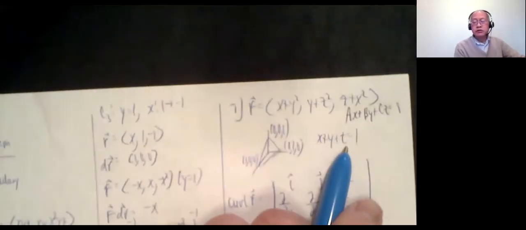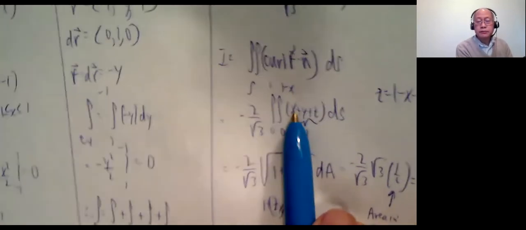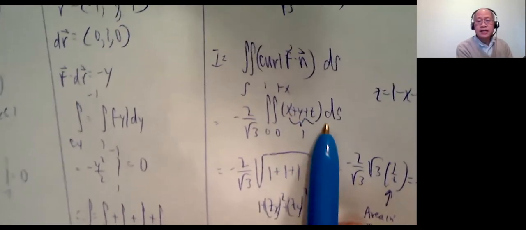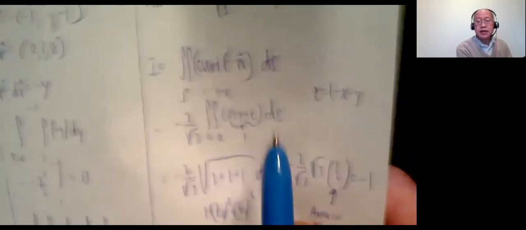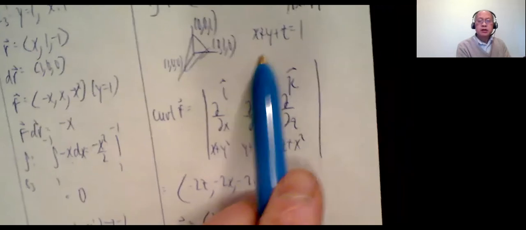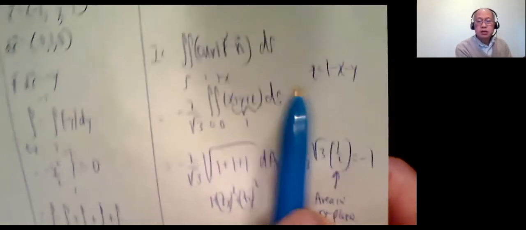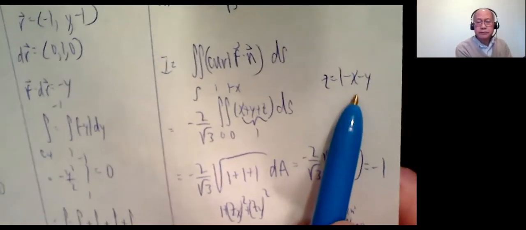But x plus y plus z is 1. So I'm just integrating 1. That's nice. And then dS, I multiply by the Jacobian dA. So x plus y plus z equals 1. Solve for z. z is 1 minus x minus y, right?